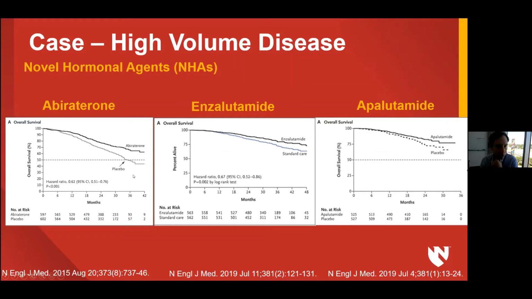And I've showed the overall survival outcomes for some of these studies, including with the administration of an androgen synthesis inhibitor called abiraterone, demonstrating a very similar overall survival benefit, or the anti-androgens, enzalutamide and apalutamide, which have very, very similar curves. And so currently, it could be considered the standard of care for a patient with low volume disease to have an additional agent added, especially with consideration for a novel hormonal agent.